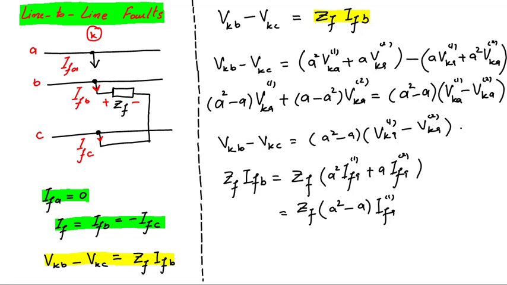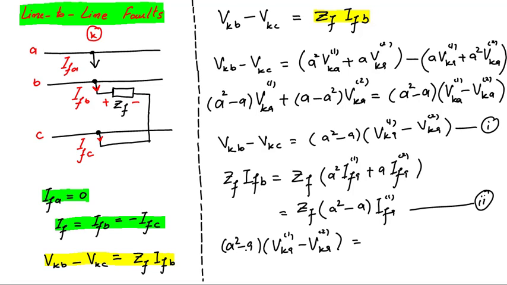Now equating these two equations, we can write (a square minus a) into (positive minus negative sequence voltage) is equal to ZF into (a square minus a) into IFA positive sequence. This can be simplified to this relationship: VK positive sequence minus VK negative sequence is equal to ZF into IFA positive sequence.